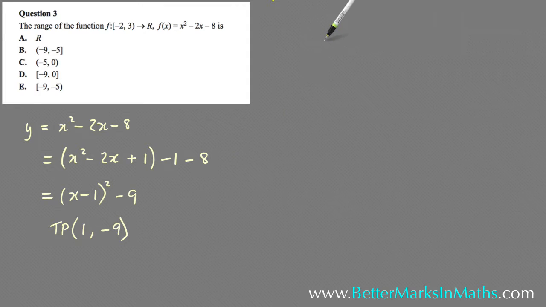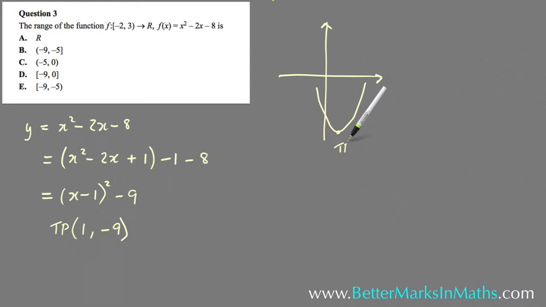So that's that bit done, and here's the graph. So the x and y axis, so 1 minus 9, so 1 across 9 down, it's down here somewhere like that. There's my parabola, and here's the turning point, 1 comma minus 9.